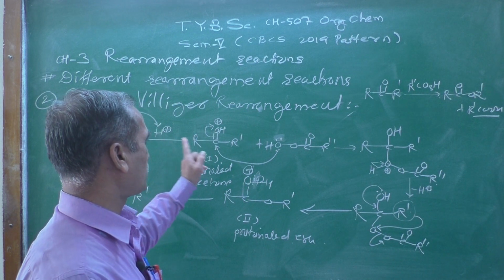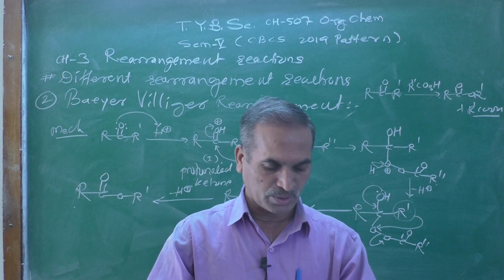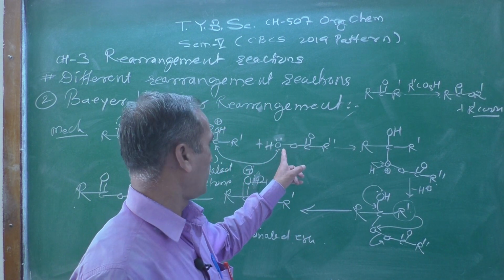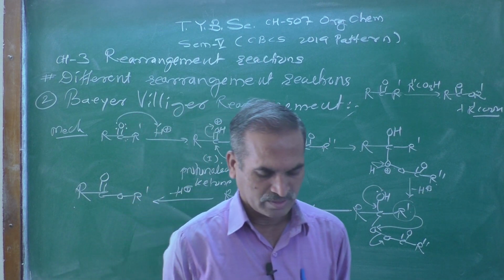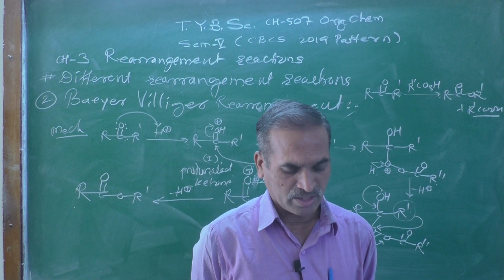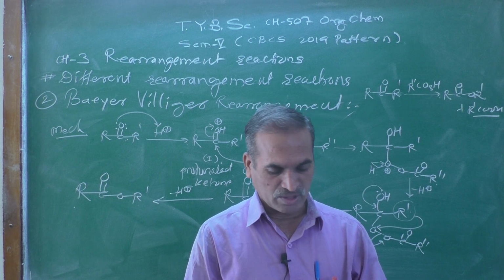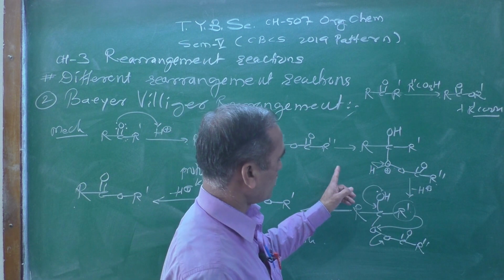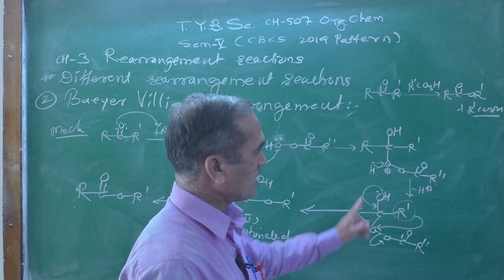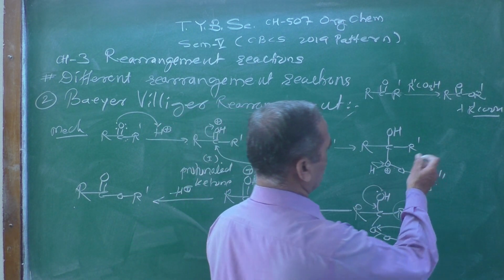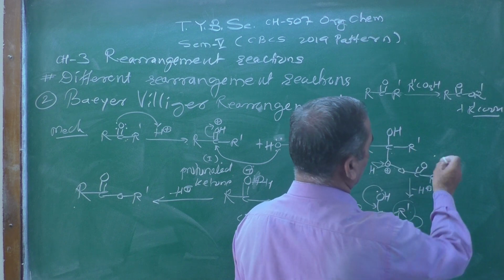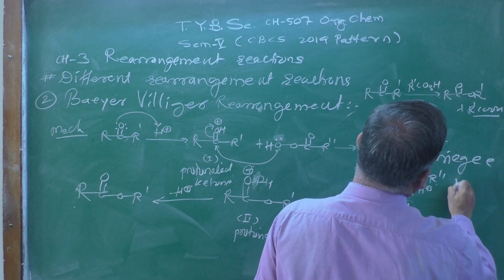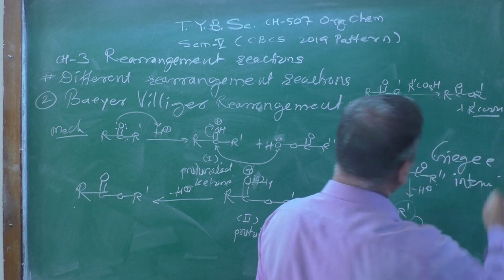Look here, the first step is protonation of the ketone, and then nucleophilic attack of the peracid on the protonated ketone gives a tetrahedral intermediate, known as the Criegee intermediate.